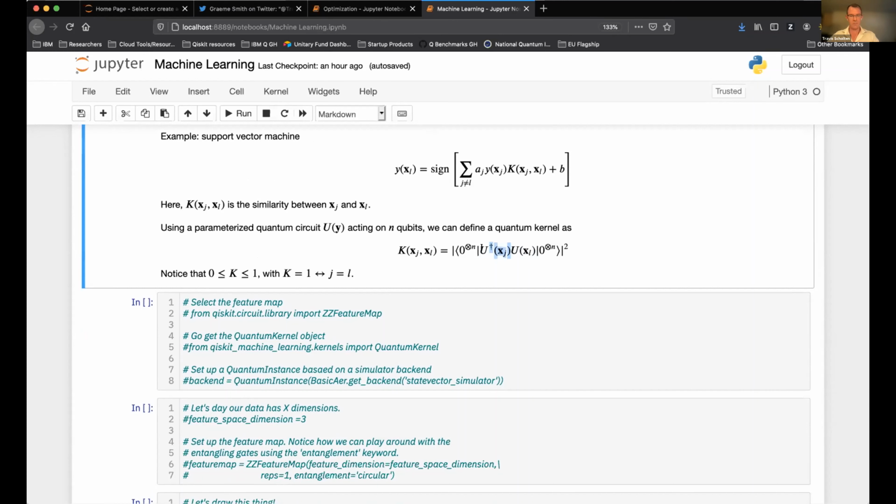There's a couple of different ways that you could measure this fidelity. One is to just run this circuit itself. The other is to use something called a swap test. What I'm coding up below is going to be the former. That is, it's going to be a circuit that has a forward action defined by U of x sub l, and then the next part of the action is the U dagger of x sub j.